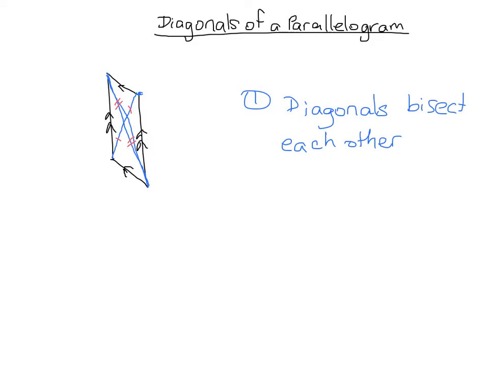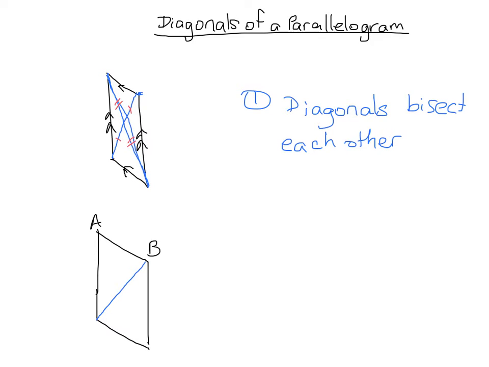The next thing that we need to know about our diagonals, and I'll draw another parallelogram so we can see clearly here, is that a diagonal is actually going to cut the parallelogram into two congruent triangles. So let's label it so we can see this clearly.